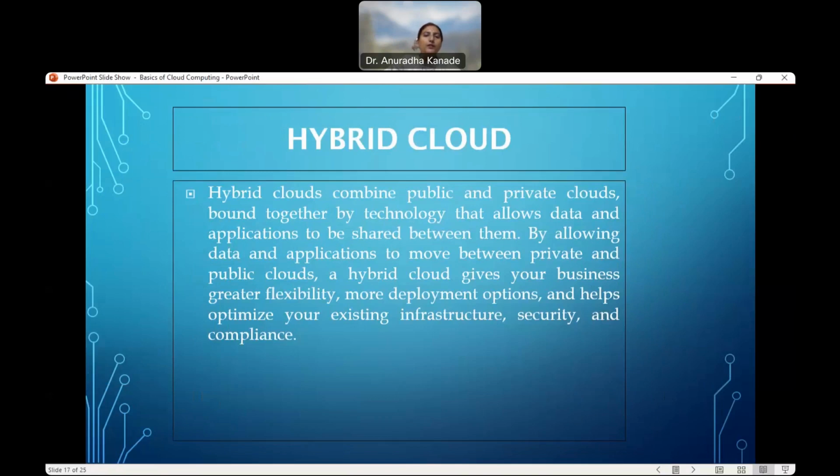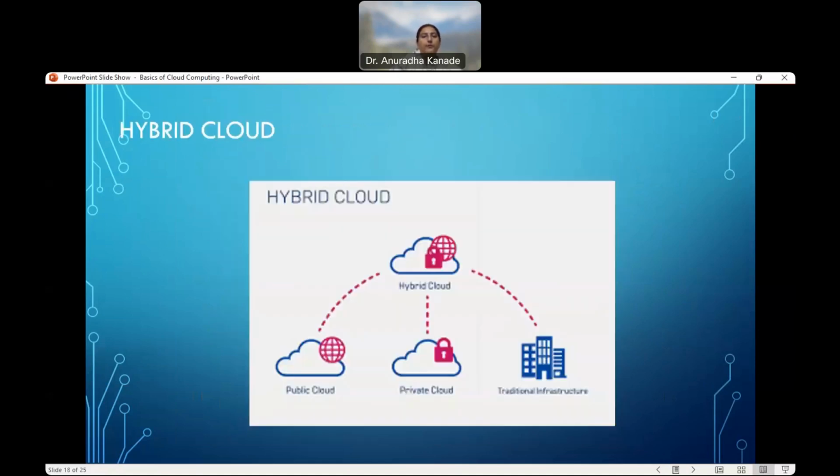So hybrid cloud is the combination of public as well as private cloud. It can bind these facilities together to have a proper blending of resources and applications to be provided to the third person or the user. So it can also ensure security and it can also facilitate all these services at an optimized level.